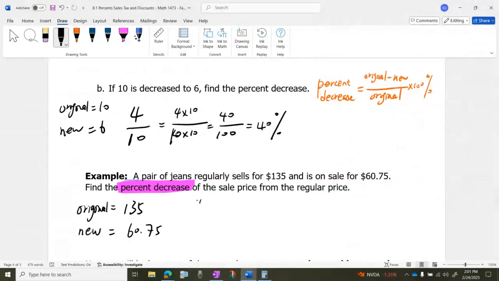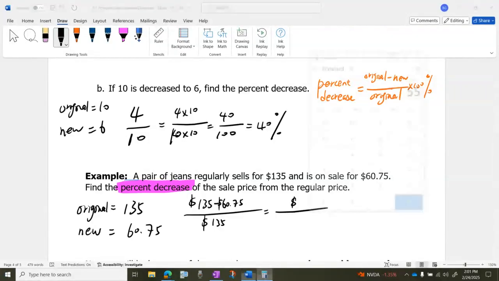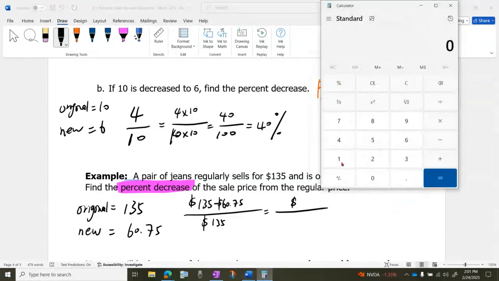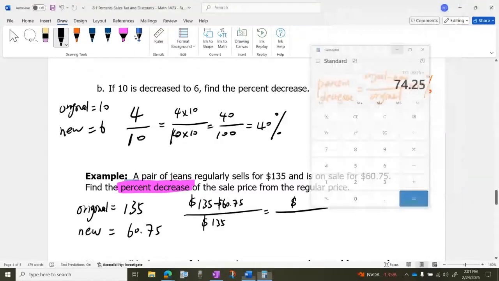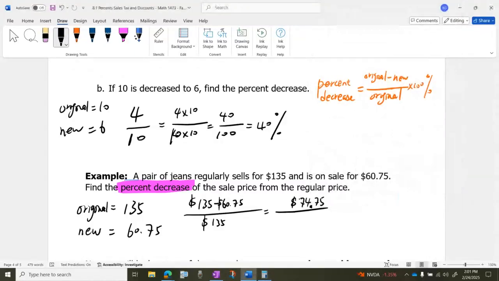So you have $135 minus $60.75 over $135, right? So what's the change here? 135 minus 60.75 is 74.25. The price has gone down $74.25. I agree, that is in dollars.